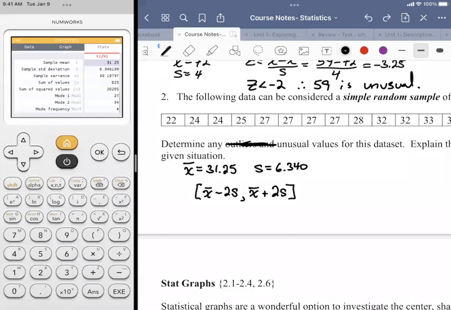This one's a little simpler in that if this interval contains 95% of the data, then anything that falls outside of that interval would have to occur less than 5% of the time. So we're basically saying that anything that occurs less than 5% of the time, we're going to say that's unusual.